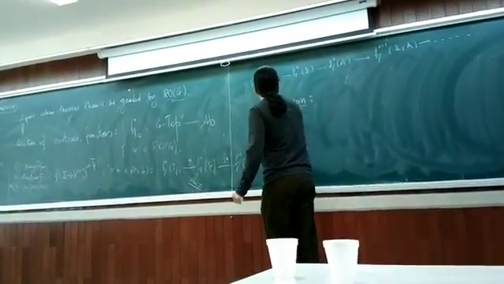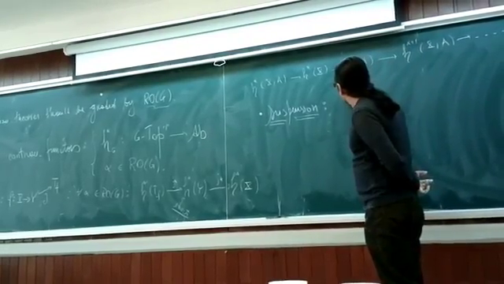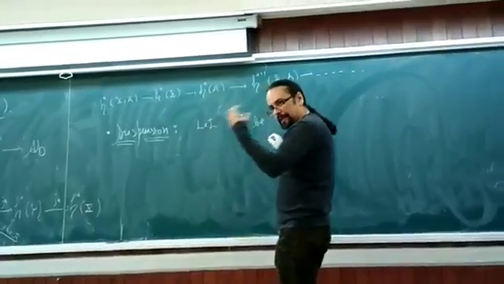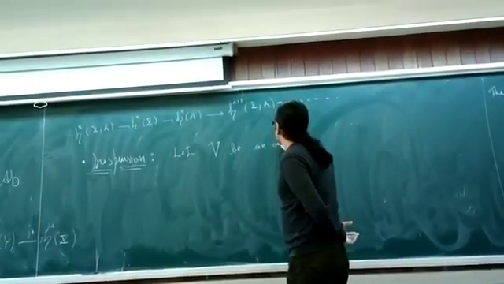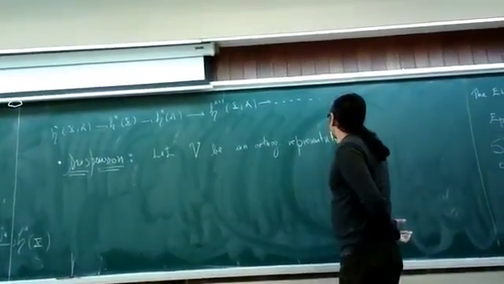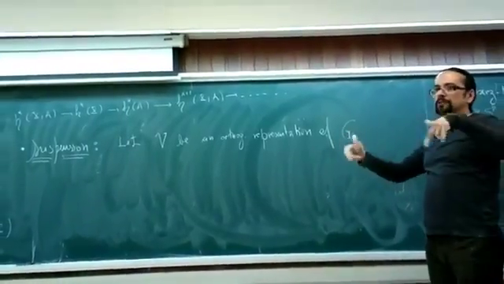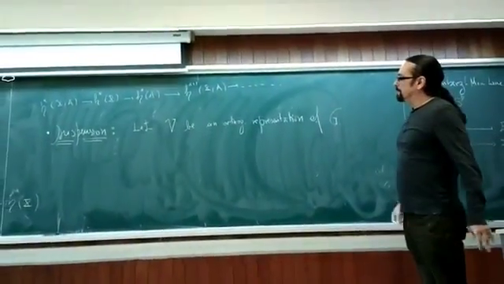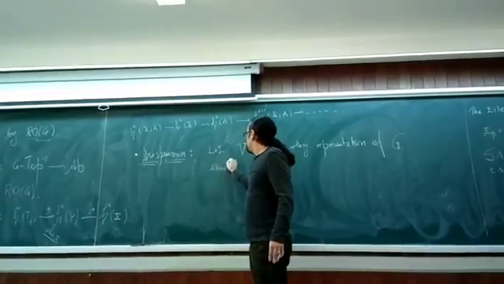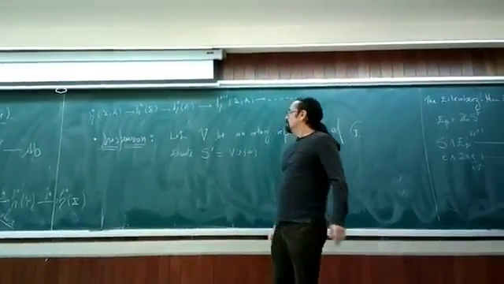Suspension simply says, now it's different, so let V be an actual orthogonal representation of G. So, a real vector space on which G acts by automorphisms, and denote by S^V the one-point compactification of it.